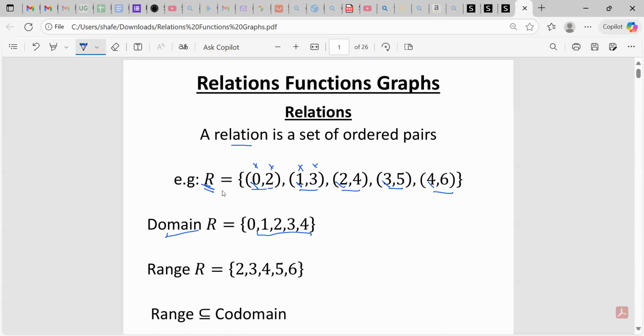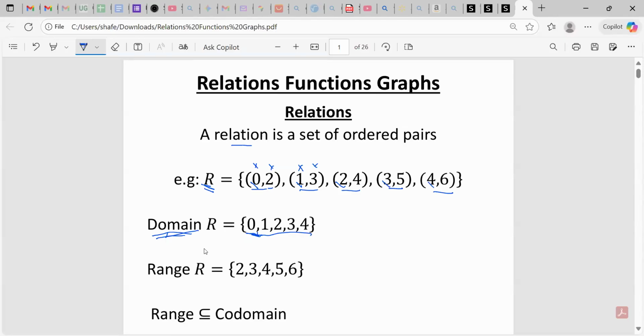Good. But what I'm doing now, I'm extracting the first number in each pair. And these are the numbers here, right? And there's a name for that. That set is called the domain of R. The domain. And later on, you're going to learn that that is the input. You put in that number, right?